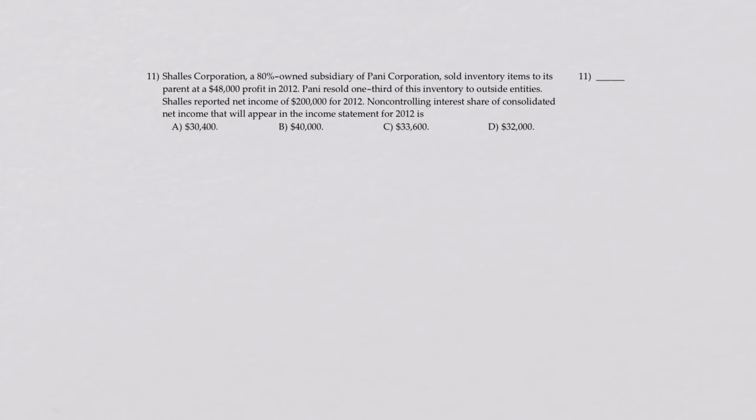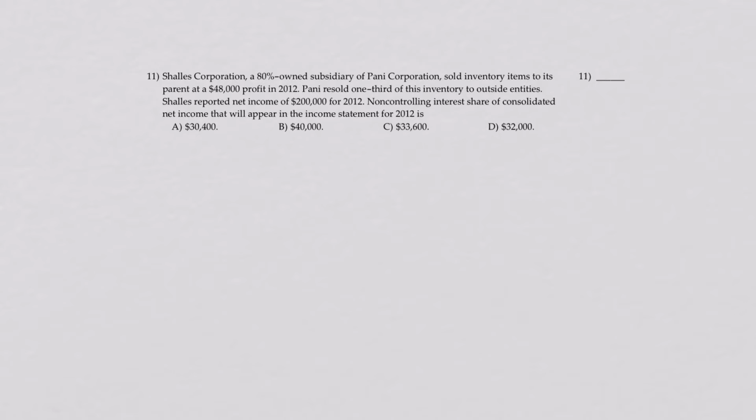Shales Corporation owned 80% of Pani, sold inventory items to, somehow I think we did do this, but just in case, since I'm on the roll already, sold inventory items to its parent at a $48,000 profit in 2012. Pani resold 1/3 of this inventory to outside entities, and Shales reported net income of $200,000 for 2012.